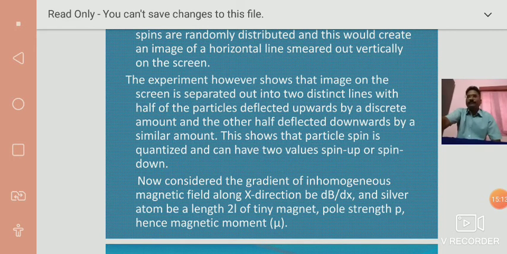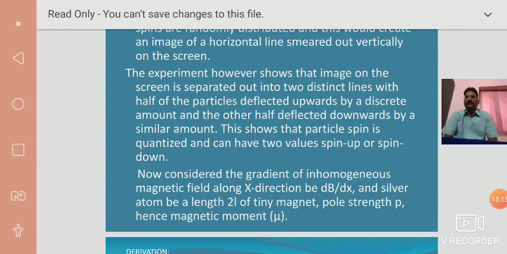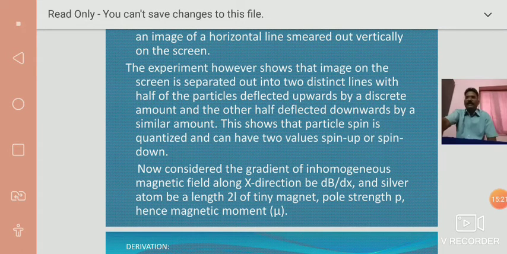Remember, two lines with half of the particles deflected upward by a discrete amount and the other half deflected downward by a similar amount of energy. As usual, in the space around the nucleus in a silver atom, the electron revolves.